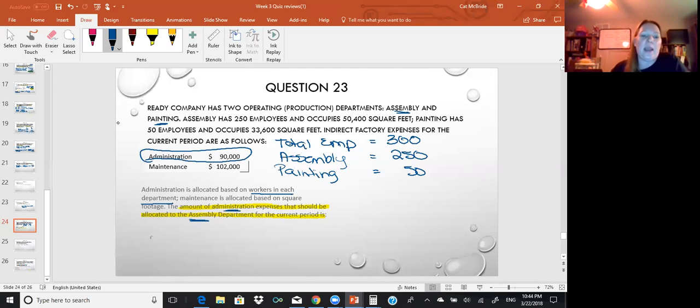So we're going to take our admin cost of 90,000. And now we have to figure out how much gets allocated to assembly times 250 out of 300, which is the percentage that goes to the assembly department.